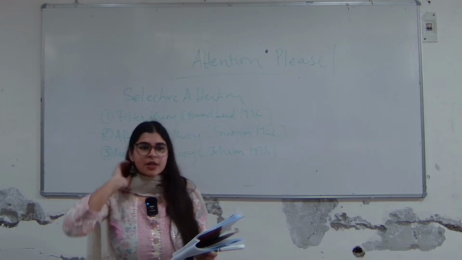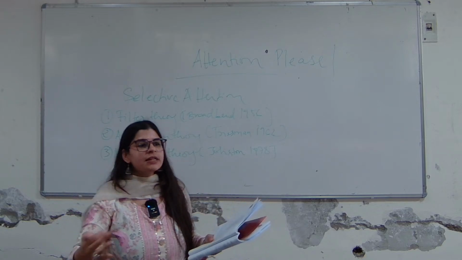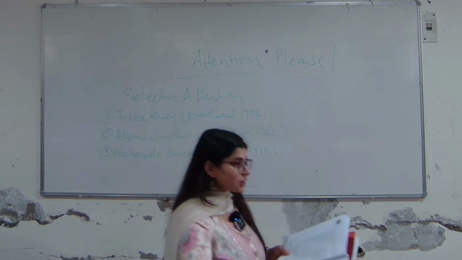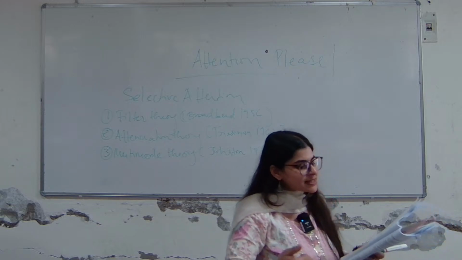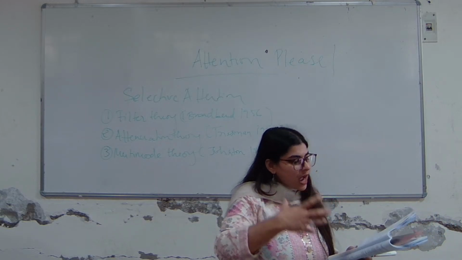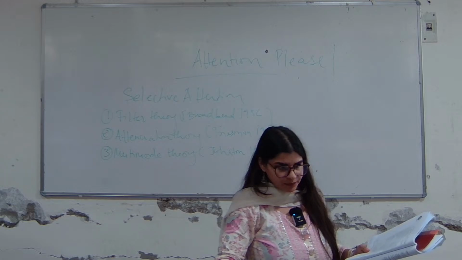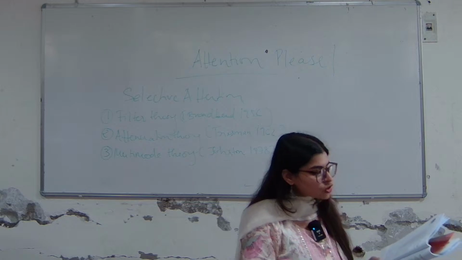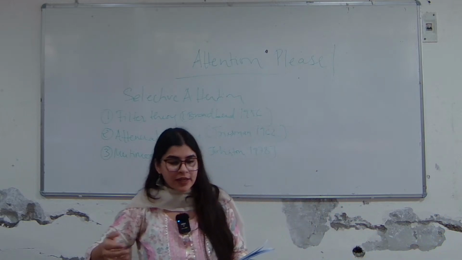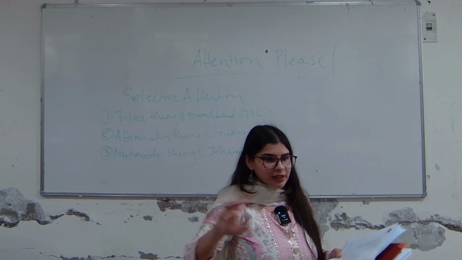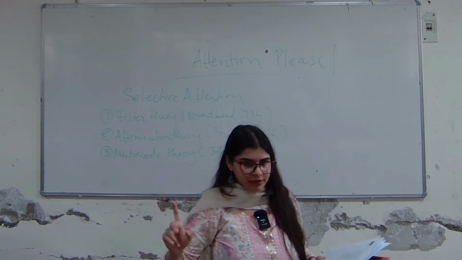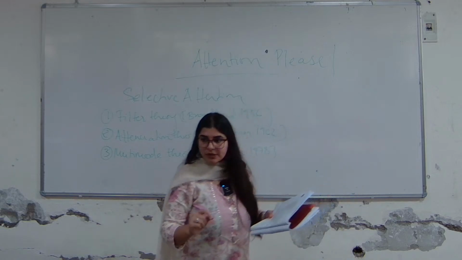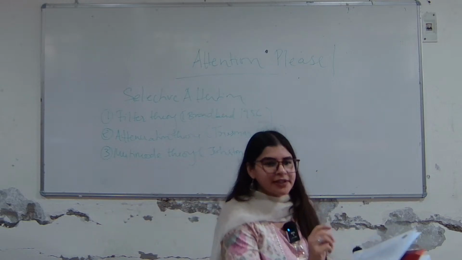Yeah. So in our environment, there are many external factors that impact our selective attention. For example, how large the object is, or how bright the object is. It can also be something that is moving. If you see something moving quickly, your attention will quickly go to that. If something is just steady, you will not pay attention, but with movement, immediately your attention will go.